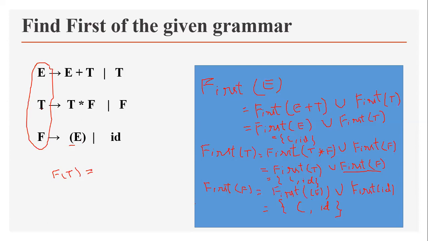Please always remember, whenever you are writing first of E, it means first of E plus T and first of T, and the entire answer for first of E is the combination of both. Once you find first of F, that is assigned to T, and that is assigned to E. So for all of E, T, and F the answer is open brace, comma, ID.